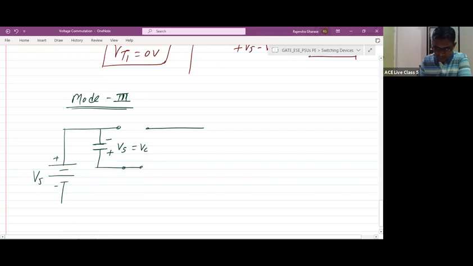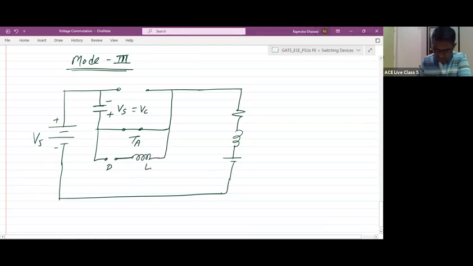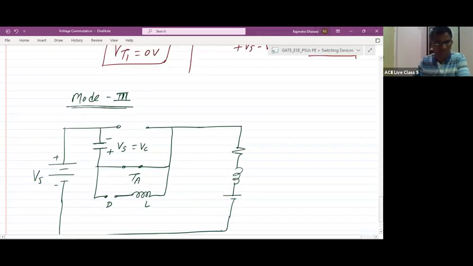This capacitor will discharge through the auxiliary thyristor, and at this side we have the load. Is this clear? And here we have the diode D, which is in a reverse bias mode, and here it is an inductor.